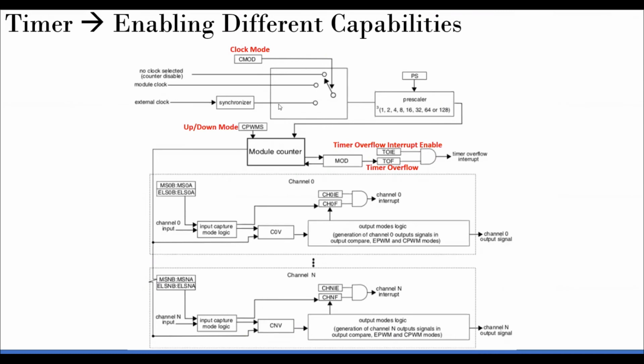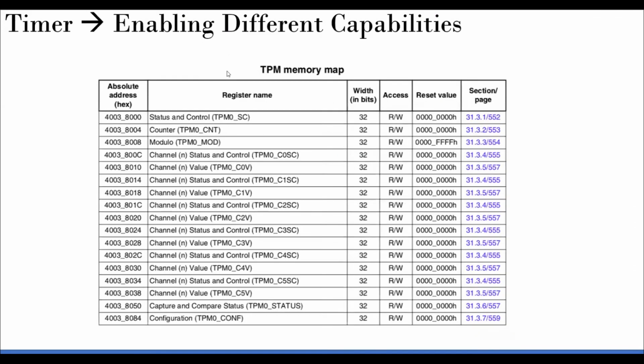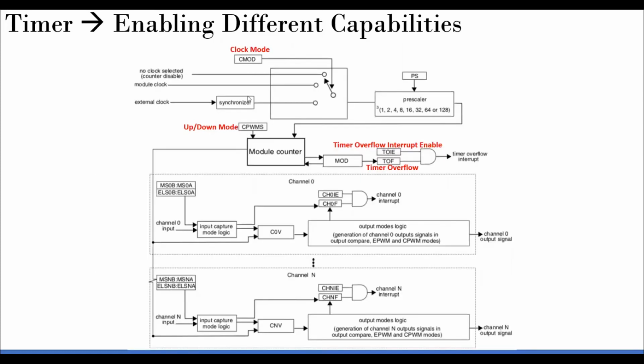So this is the place where you actually have the capability to write to a register, clock mode. In fact, this is not an individual register. It will come in one of these registers, in the status and control. Inside that, a field is actually clock mode, and based on the value that you give, it will select one of these options. So you will not select any clock. That is the default, so the clock is disabled.